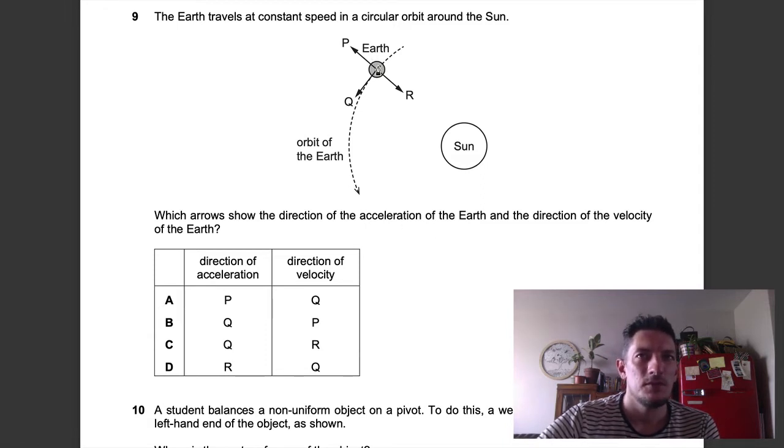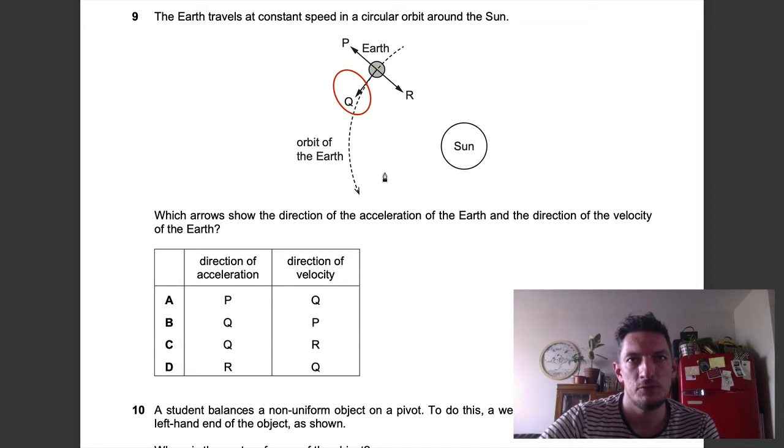Currently, the velocity vector of the Earth is given by Q. It's heading in that direction. And that's its velocity. Now, if it weren't for the fact that it was accelerating towards the Sun, it would continue on this straight path.